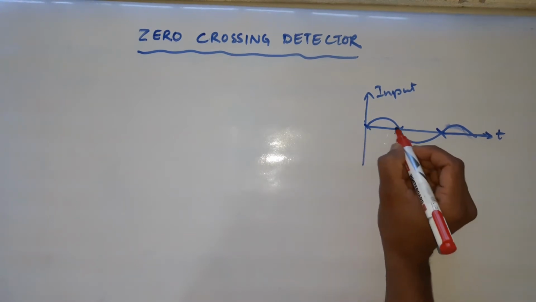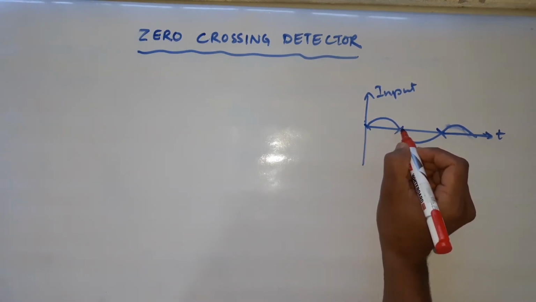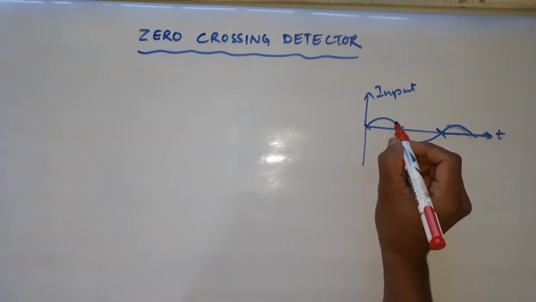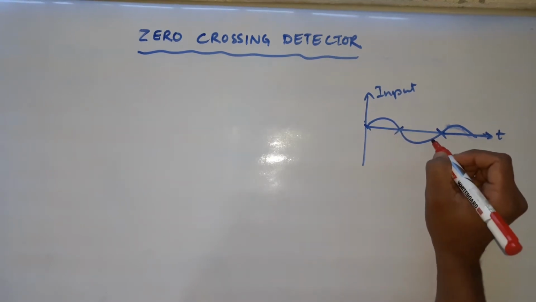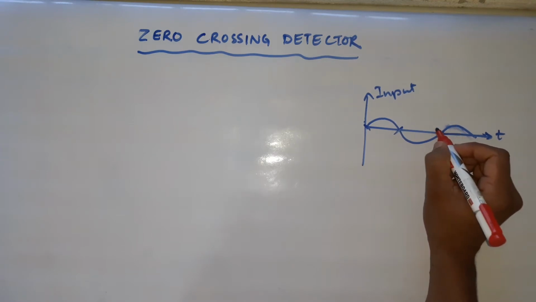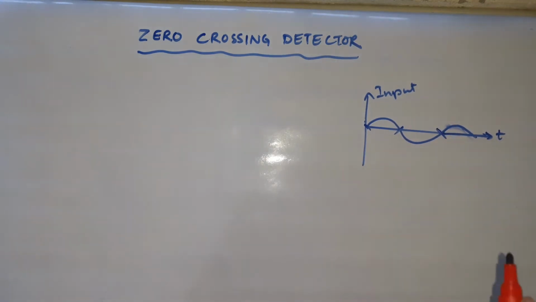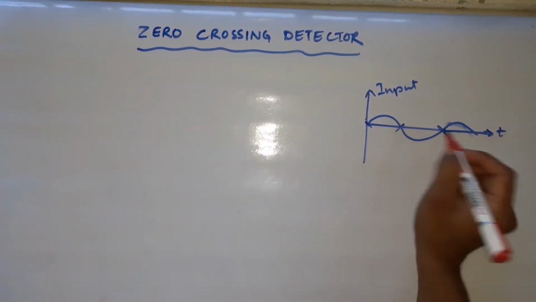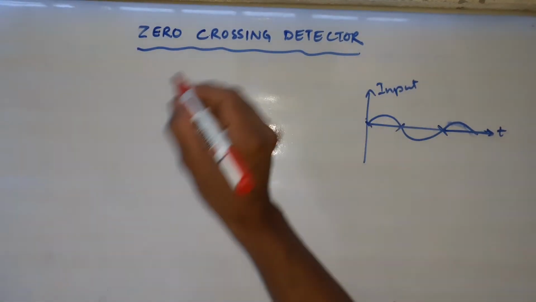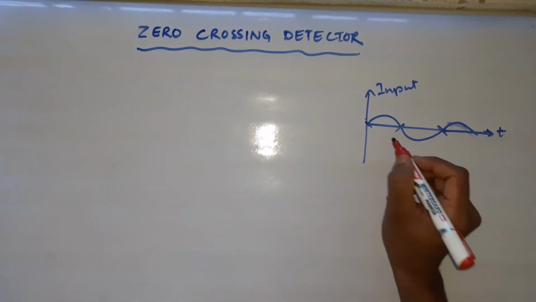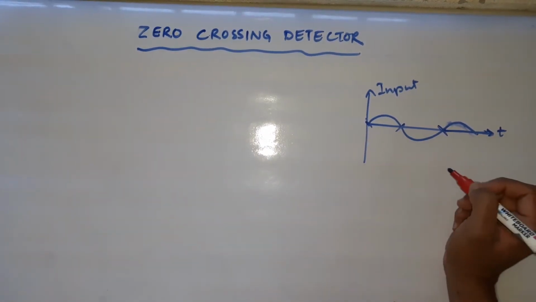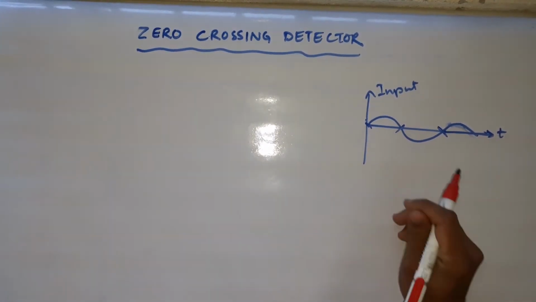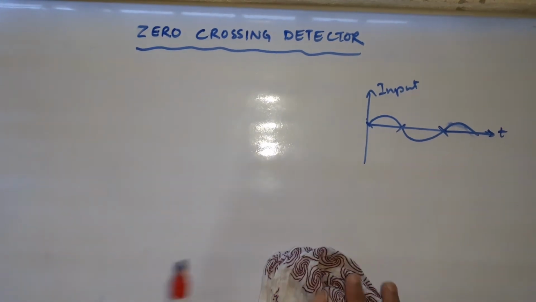When it is going from the positive half to the negative half, it is crossing the line. When it is going from the negative half to the positive half, it is crossing the line. So each time, it has to cross the 0 line. So we can construct a circuit which can detect whenever your input crosses 0. It's not very difficult if you think.